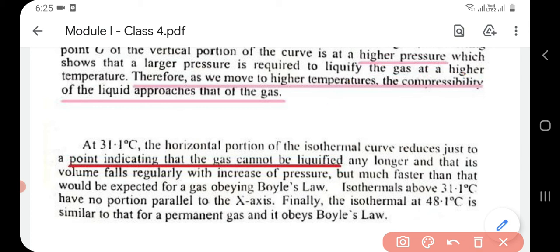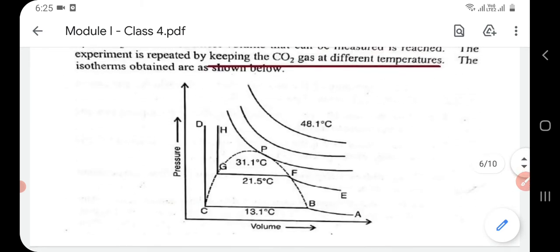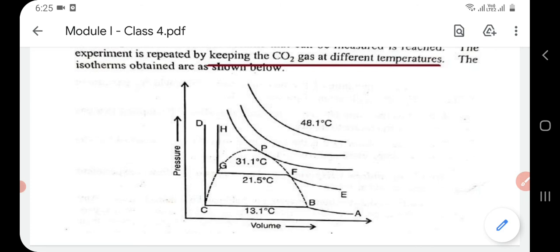Now let us see the other isotherm that remains, which is the isotherm at 31.1 degrees Celsius. See, here you cannot see a horizontal portion like GF and CB.